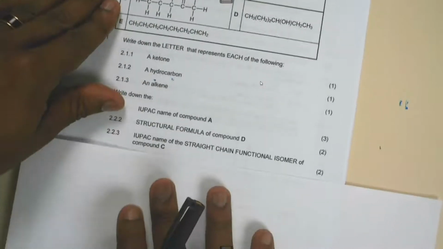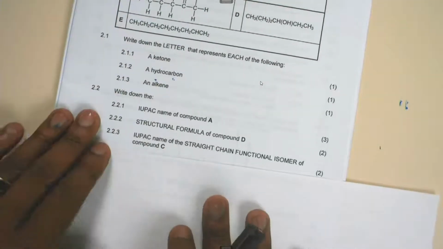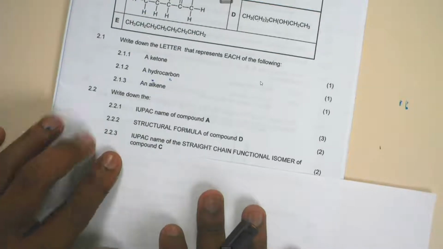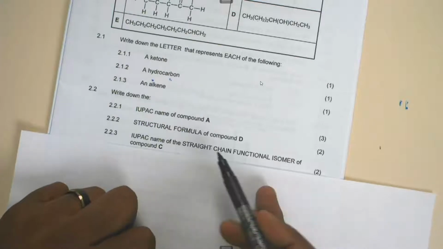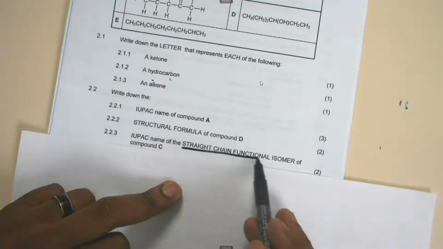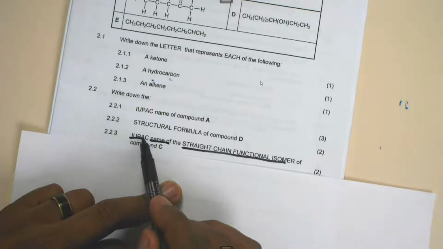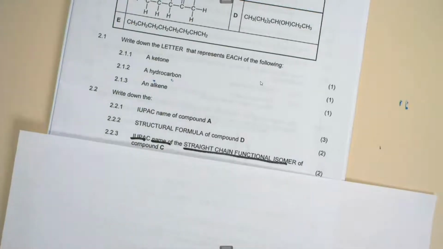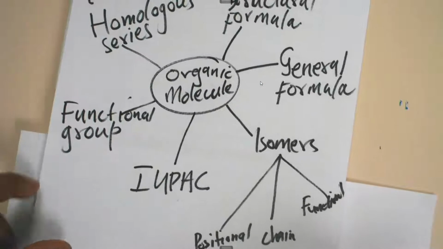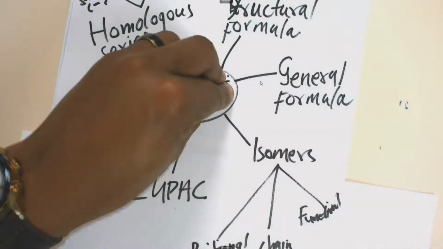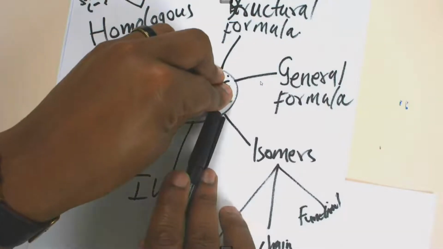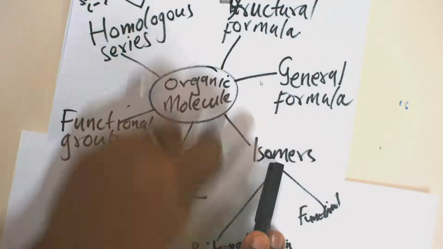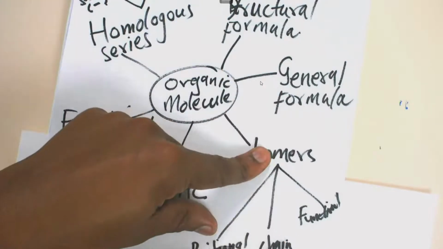We further move on and say: write down the IUPAC name of the straight chain functional isomer of compound C. Let's go back to this. We are looking at C. So C is a ketone. We did identify that. So what are they asking? The isomer. So is it going to be positional, chain or functional?